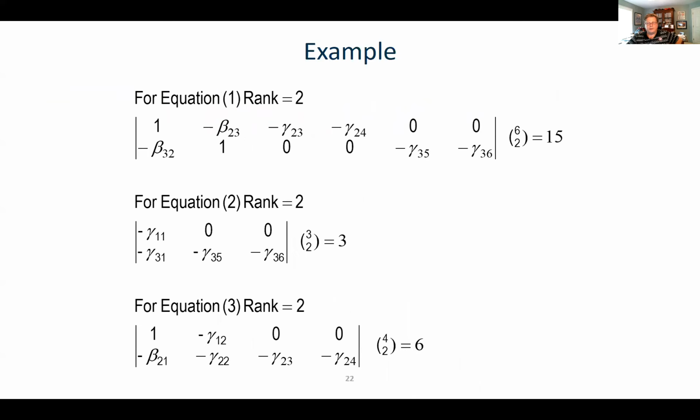But no matter what the number of equations, one can easily use the order conditions to determine identification. So it's good practice with this example to go back and understand the use of this example with order and rank conditions, okay, to deal with the issue of identification.